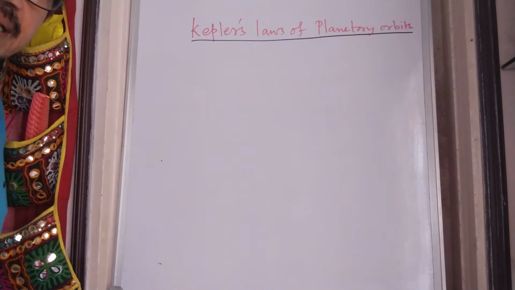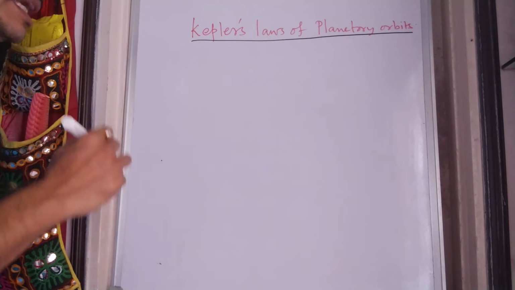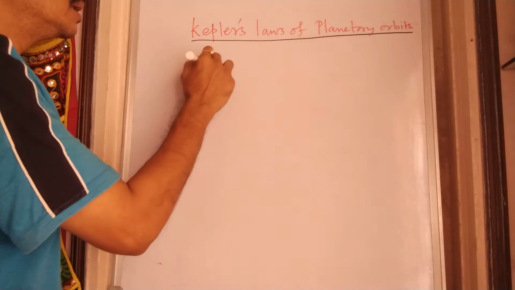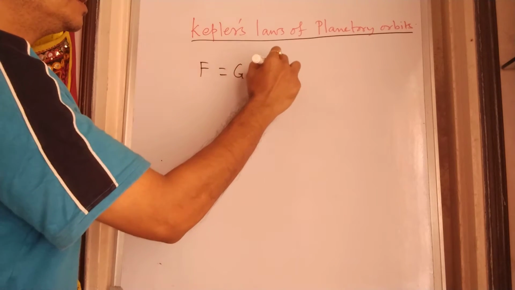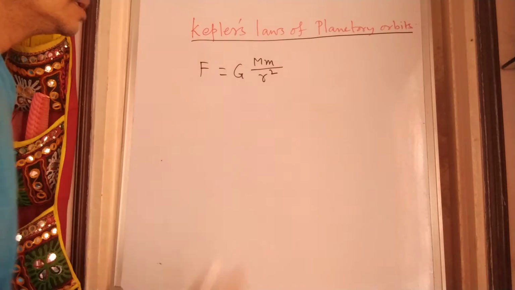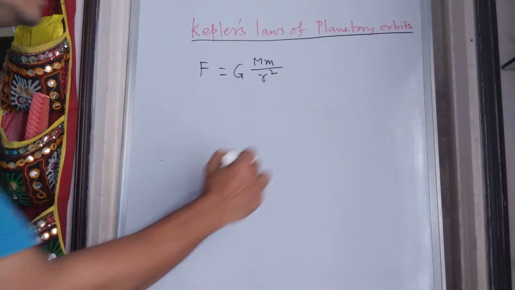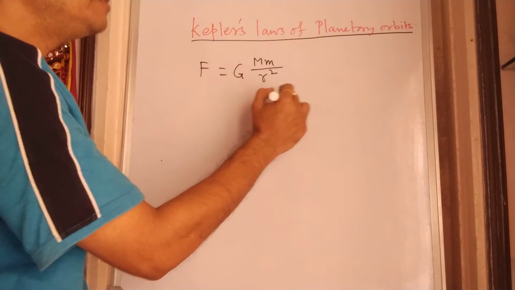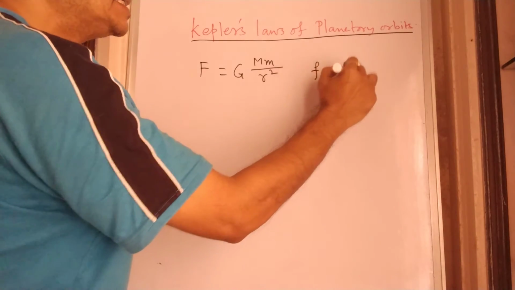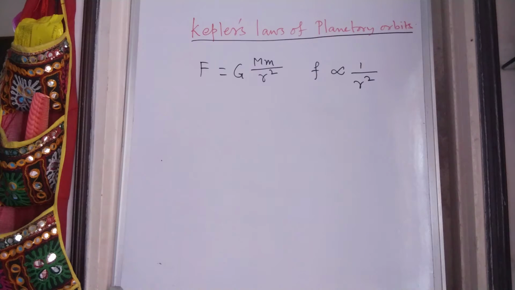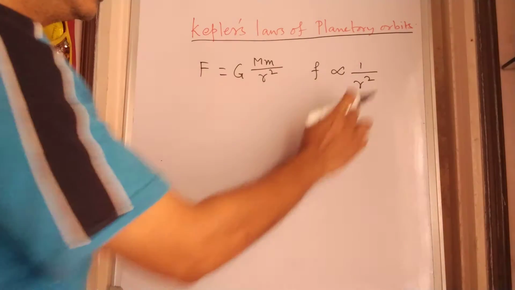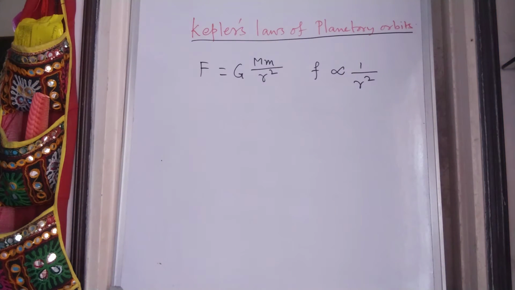From Newtonian mechanics we have the law of planetary motion like this, popularly known as the inverse square law, as the acceleration is inversely proportional to the square of the radius.